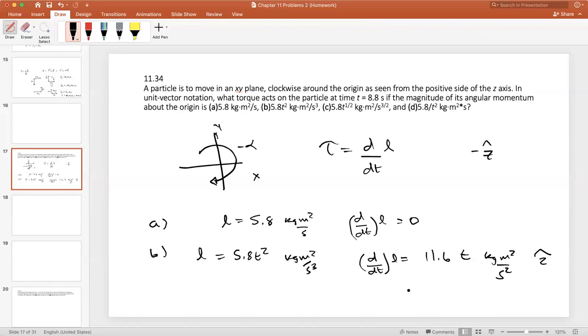And so really, once you do that, plug in t equal to 8.8 seconds.